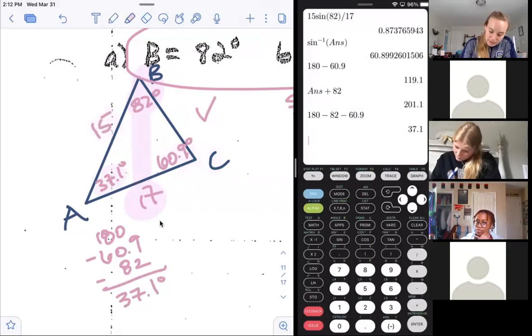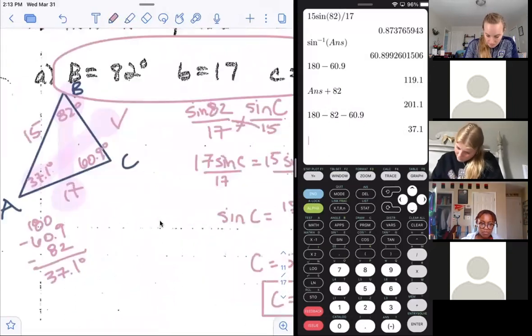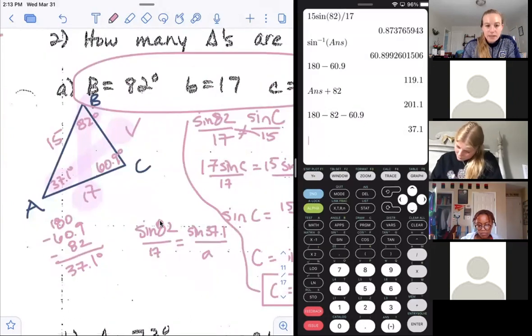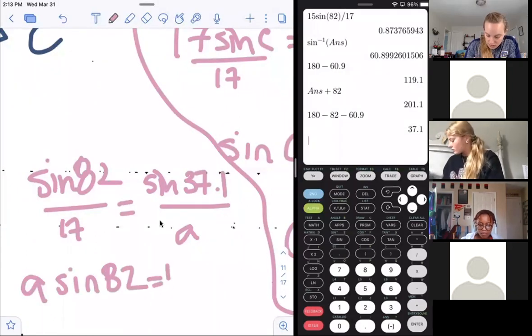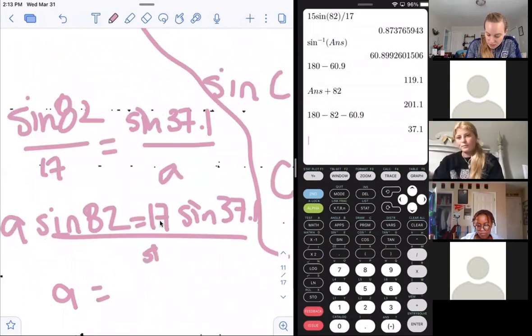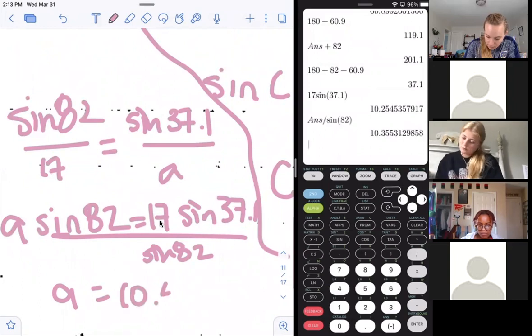So I'm going to do the angle that was given to me, 82 over 17 equals sine of 37.1 over A or X. Sine of 82 over 17 equals sine of 37.1 over A. A times sine of 82 equals 17 times sine of 37.1, and then divide by sine 82. 17 times sine of 37.1 divided by sine of 82 equals 10.4.